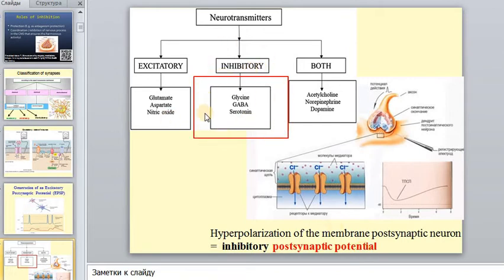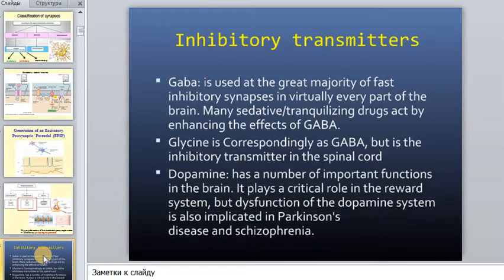And you know that special molecules in inhibitory synapses work this way, like glycine, serotonin, dopamine. Here I give information about inhibitory transmitters: gamma-aminobutyric acid, glycine, and dopamine.